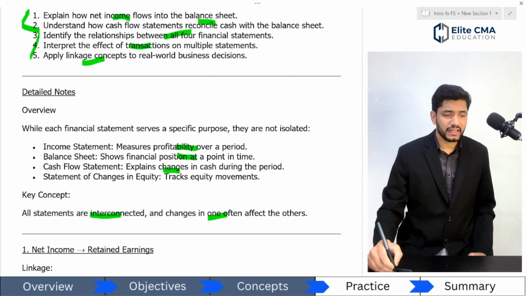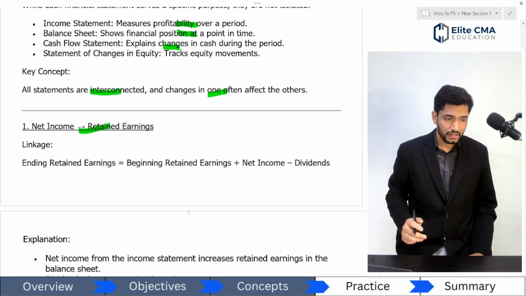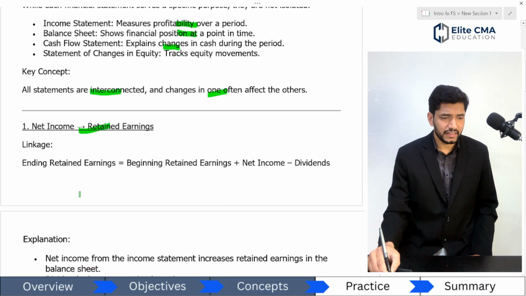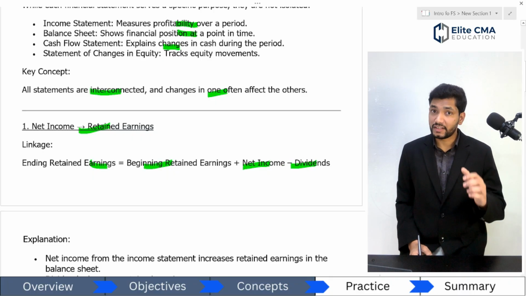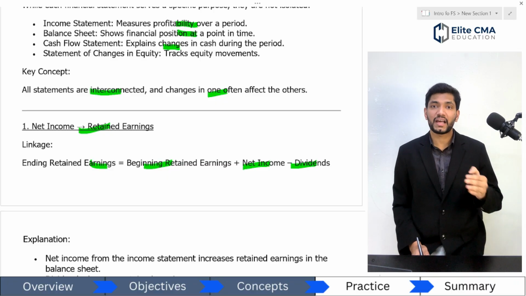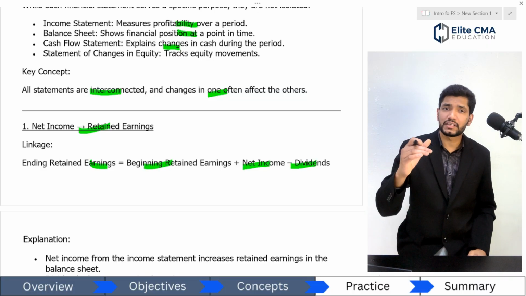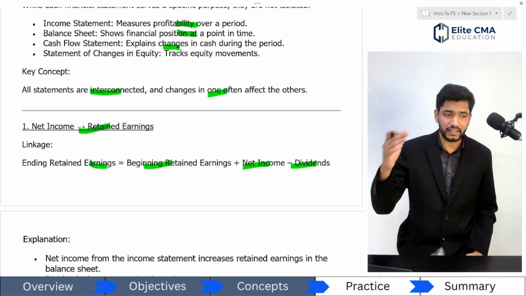The first key linkage is net income to retained earnings. Ending retained earnings equals beginning retained earnings plus net income minus dividends. Retained earnings is a portion of owner's equity in the balance sheet, while net income and dividends both affect retained earnings.